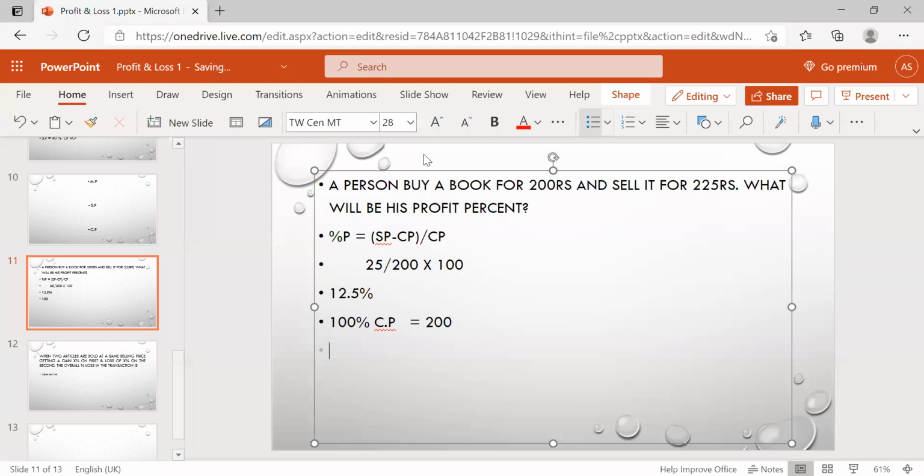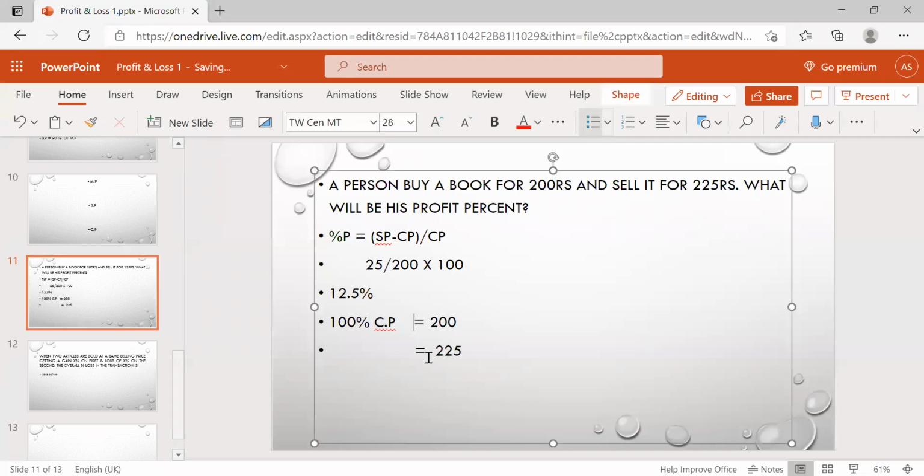Now, what's the selling price? It's nothing but 125%, right? And selling price they given, what's that? 225.